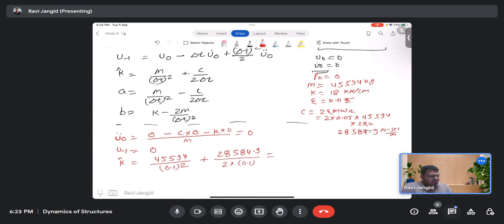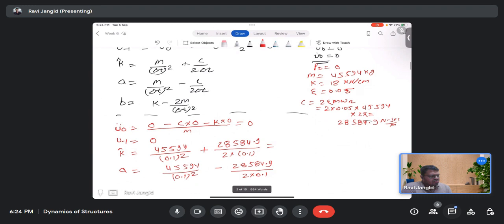Then give me the a: 45594 over 0.1 square minus 28,584.9 over 2 into 0.1. Same for b.